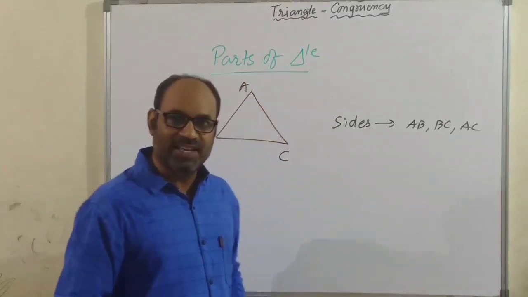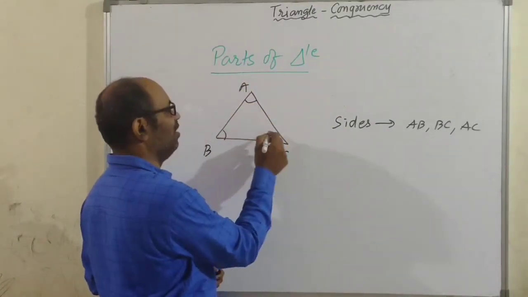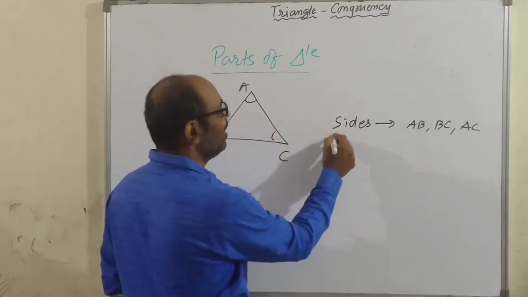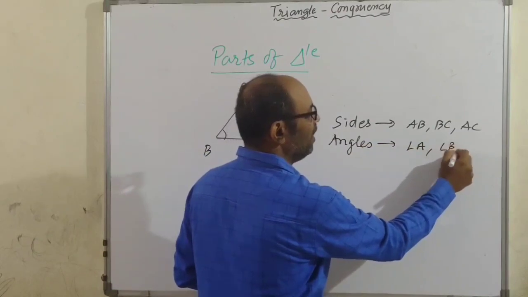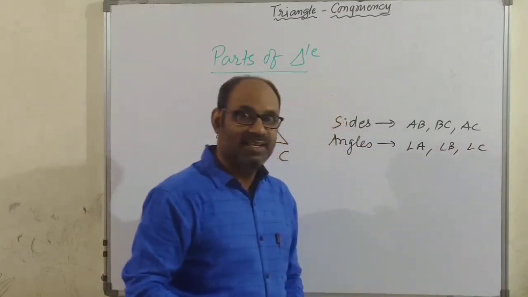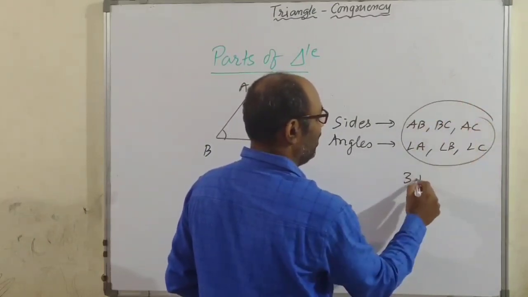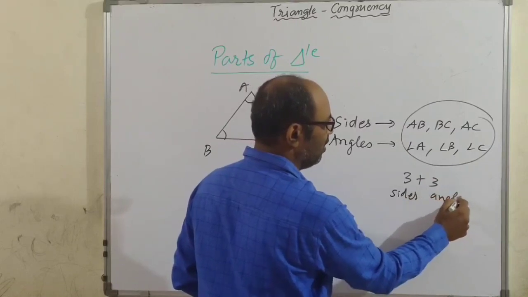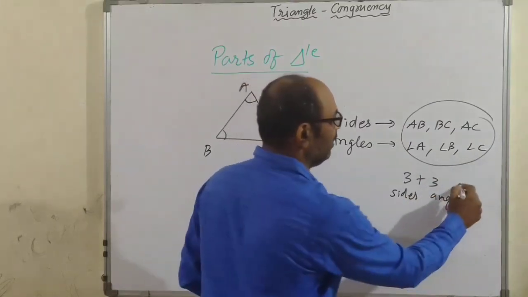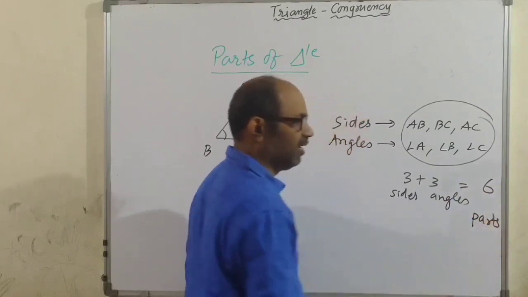All right, so these are the three sides of the triangle. And then angle A, angle B, angle C. Angles: angle A, angle B and angle C. And this is 3 plus 3, 3 sides and 3 angles, making a tally of 6, which are called parts of a triangle.